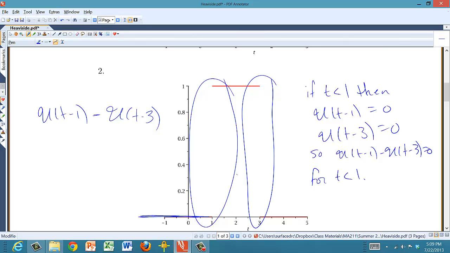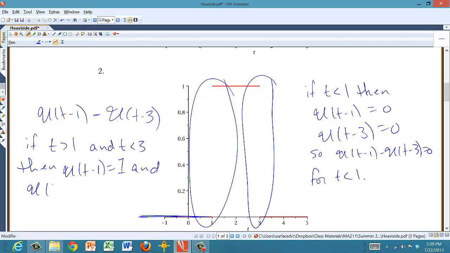If your time is a little bit bigger than 1, say bigger than 1 but less than 3, then u of t minus 1 is 1 and u of t minus 3 is 0. So u of t minus 1 minus u of t minus 3 is 1.